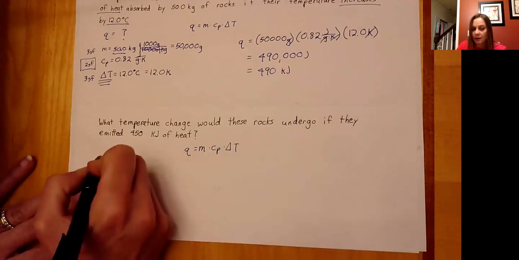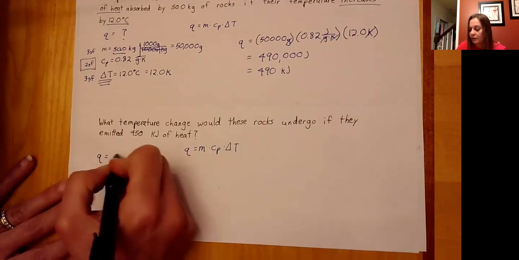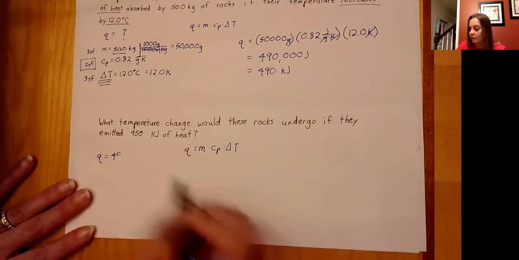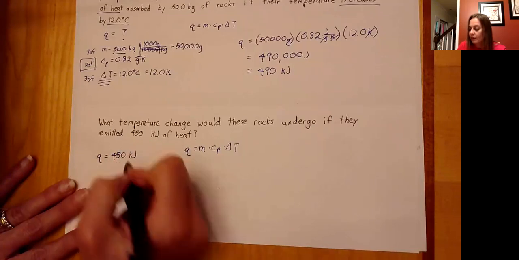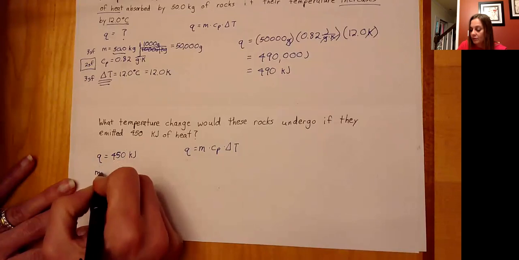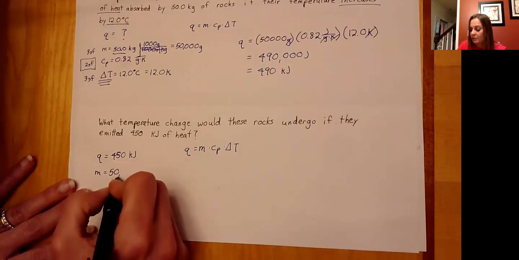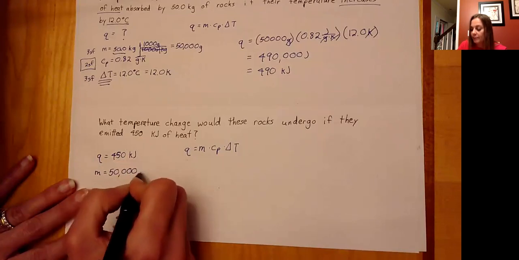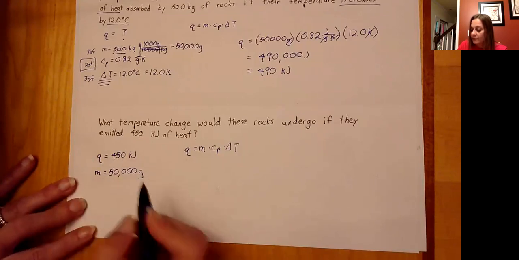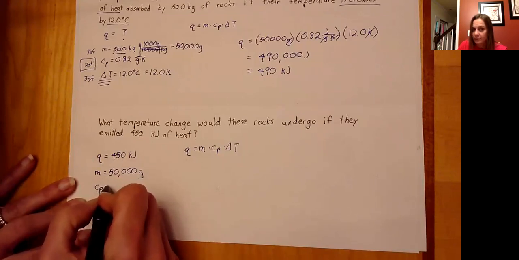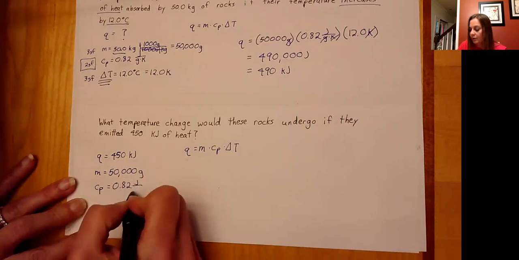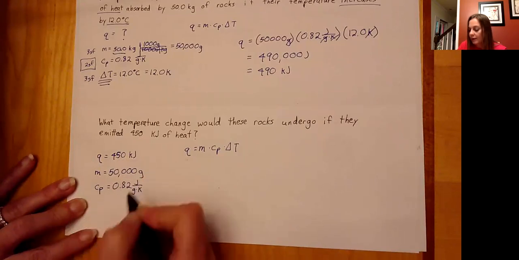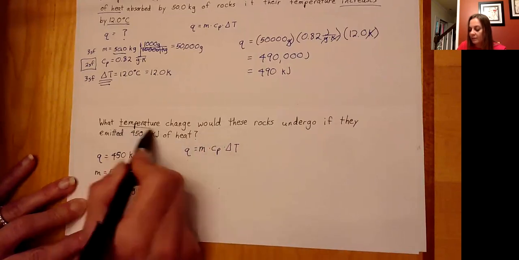But this time I know Q, it's 450 kilojoules. The mass is the same, so 50,000 grams. The specific heat is still the same, so it's 0.82 joules per gram Kelvin. But I'm being asked to find the temperature change.